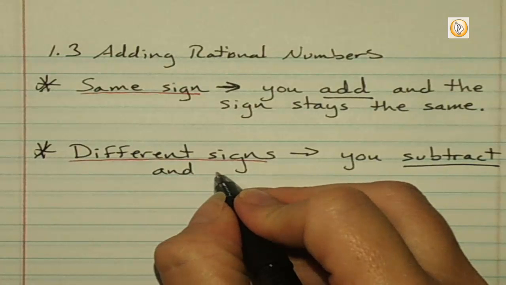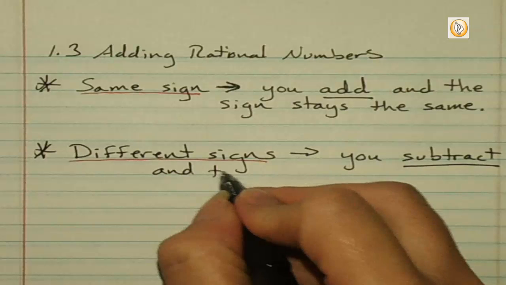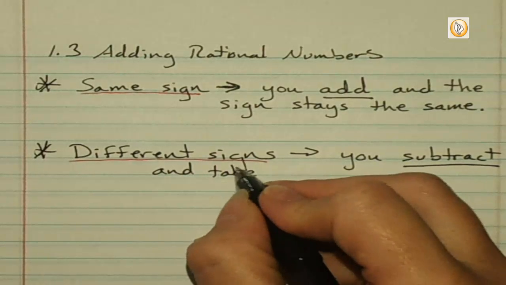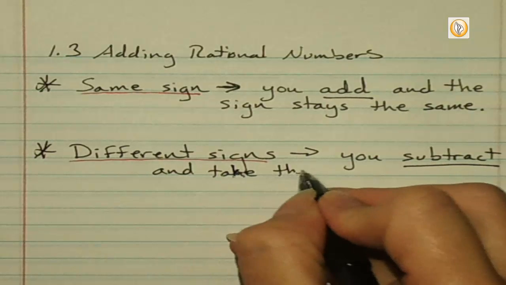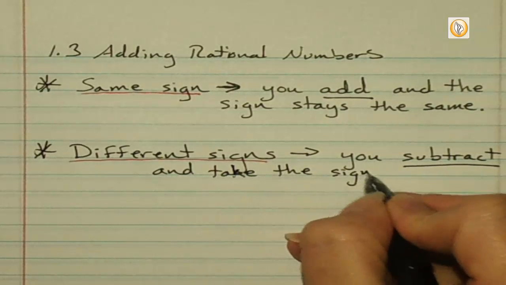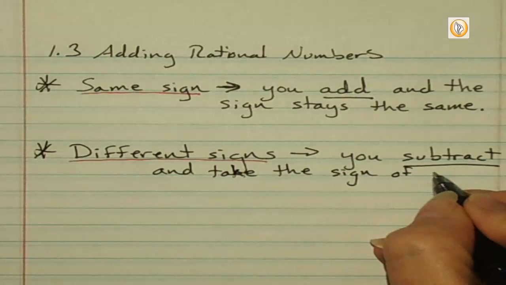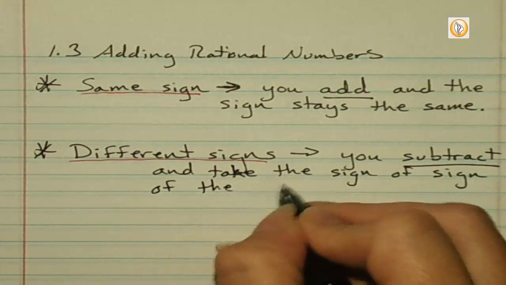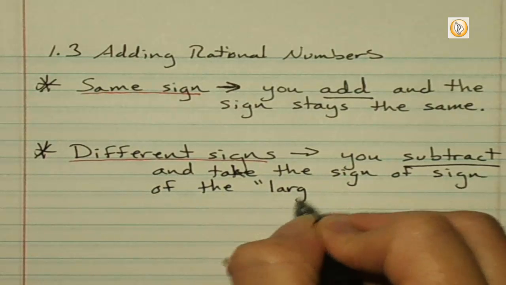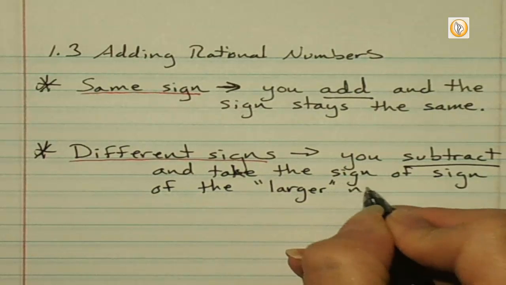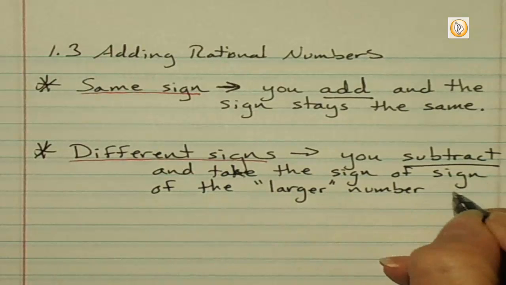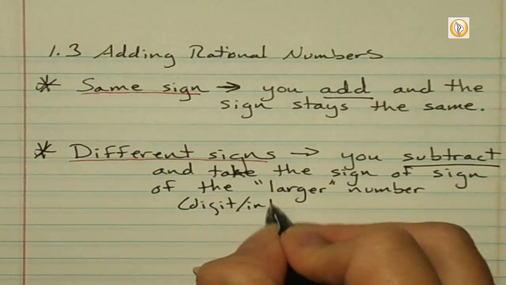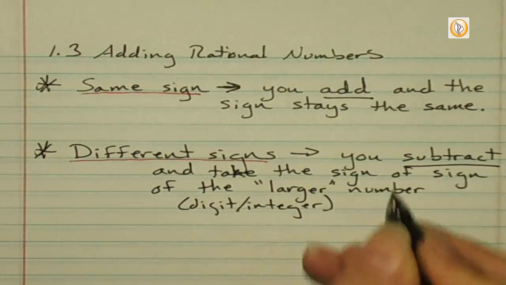Keep the sign of the number. That's right. And keep, that means take right there. Take the sign of the larger number. Like digit, integer, whatever you want to call it.